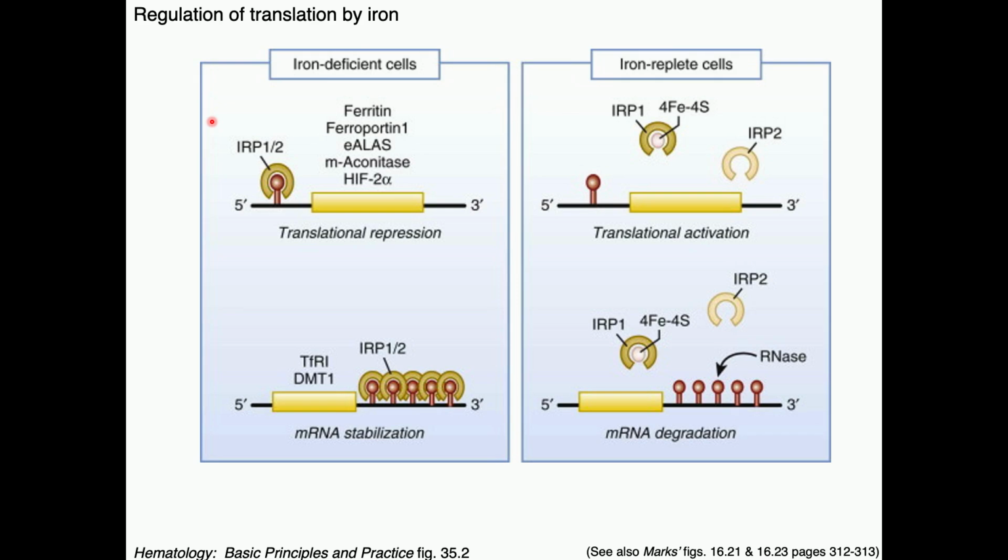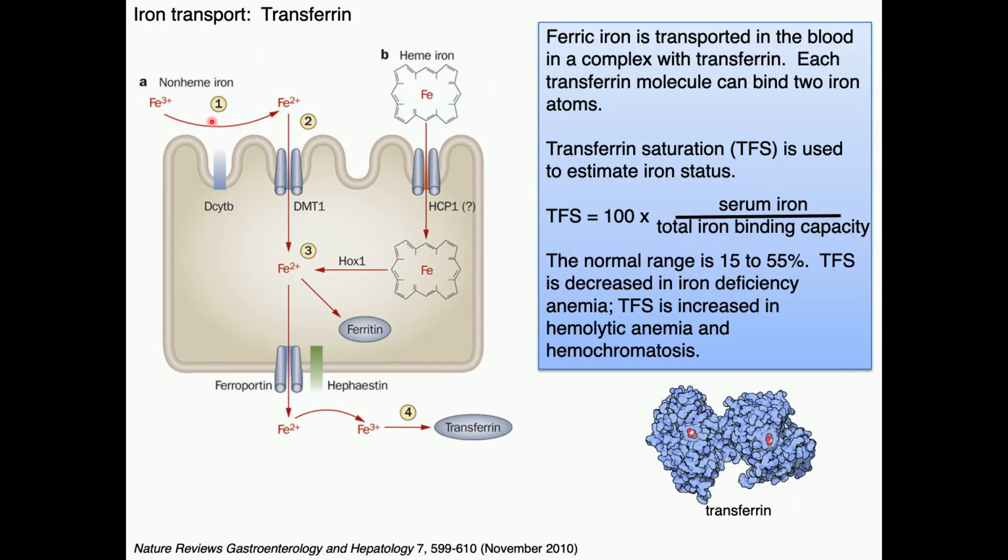Let's see. So this, I think, is just another way to look at that information that I had on the other slide. So I'll just leave this for you all to chew on your own. Okay, so where are we? Back to the gut epithelial cell.